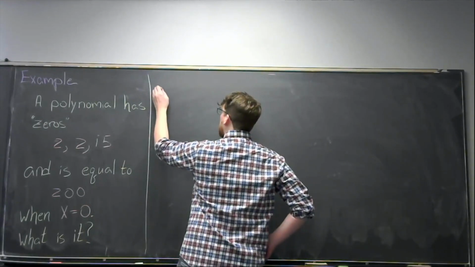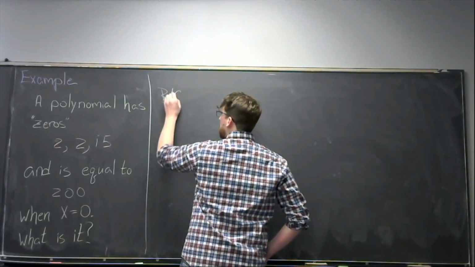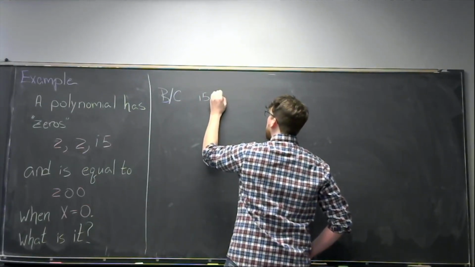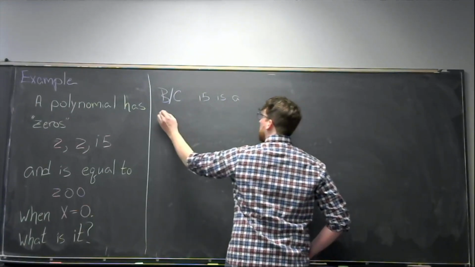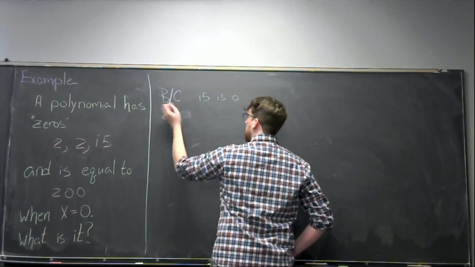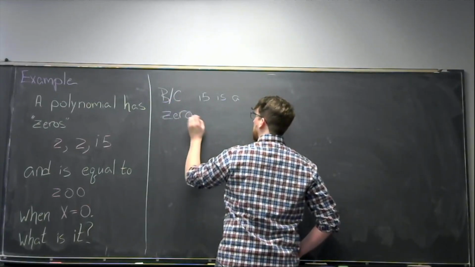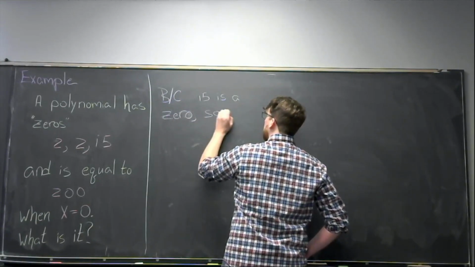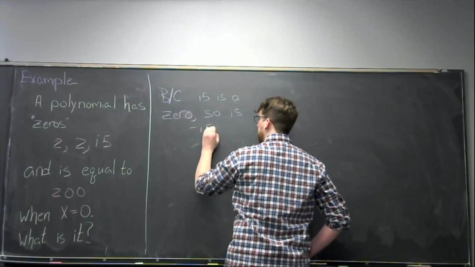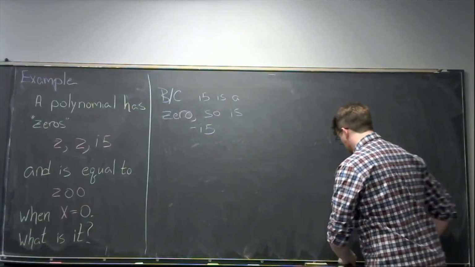All right, so because 5i is a 0, so is negative 5i.